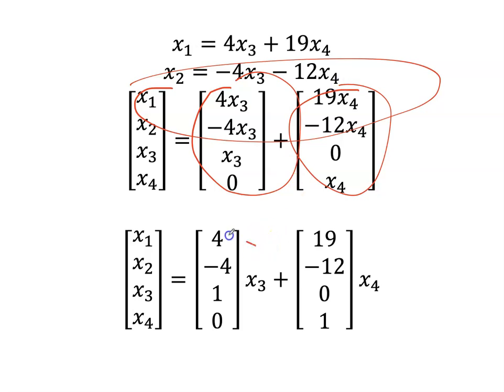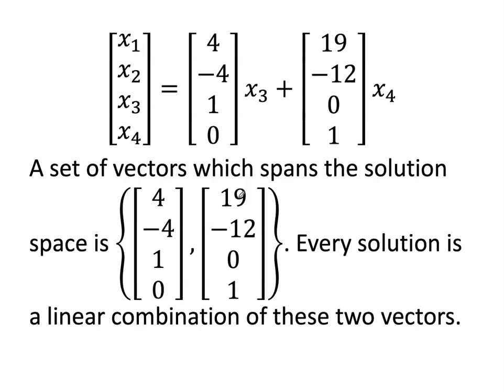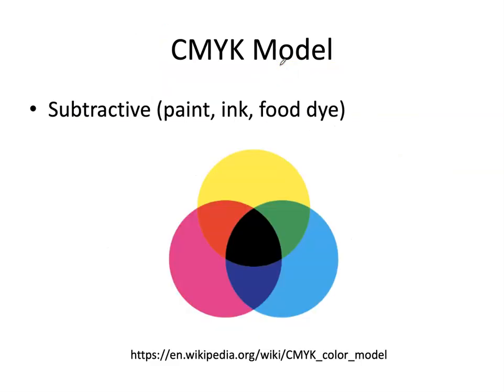Pulling out the x3 and x4, we see that you can express x1, x2, x3, x4 as the vector (4, negative 4, 1, 0) times x3, plus the vector (19, negative 12, 0, 1) times x4. Notice, this is a set of vectors which spans the solution space. Every solution is a linear combination of these two vectors. So we would say that these two vectors span the vector space.